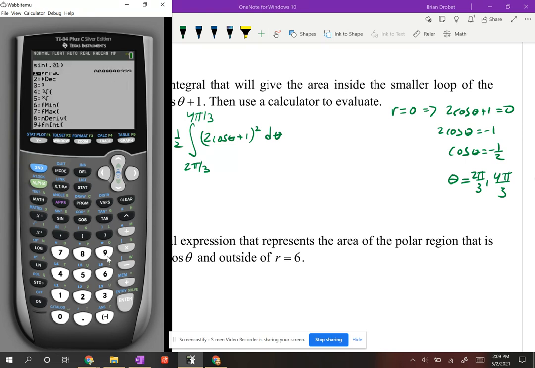Math 9, integral from 2 pi over 3 up to 4 pi over 3, alpha trace R1 squared. Integral with respect to theta. Just don't forget the 1/2 at the end. I should have put it on first. Divide by 2. And I get 0.5435.